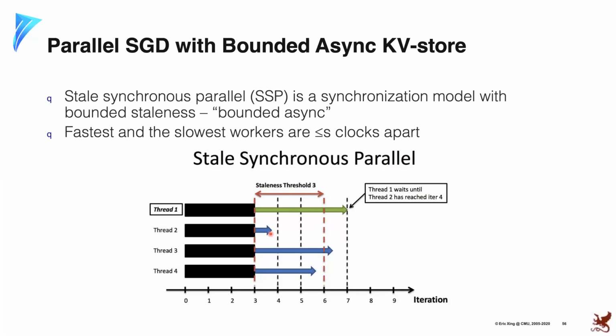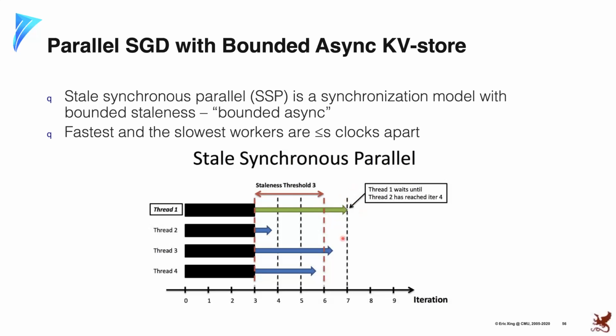The way it stops the first worker is that the parameters are stored in the central bank. Every time you want to do an iteration, it sends a request to the central bank saying, can you give me the parameters? Or after the update, it sends a request saying, can I update the parameters? But now, because it is too fast, the central bank will simply decline all of its requests.